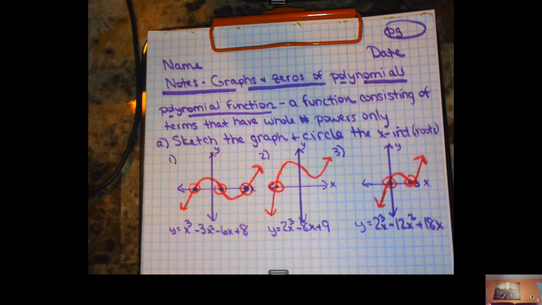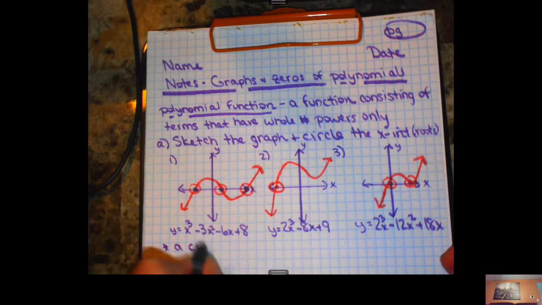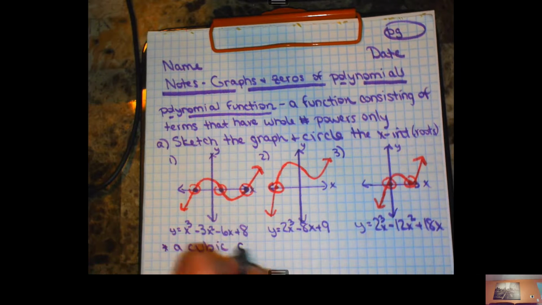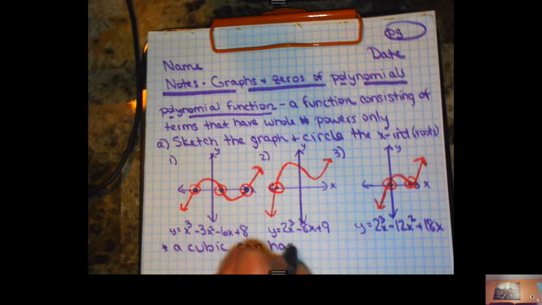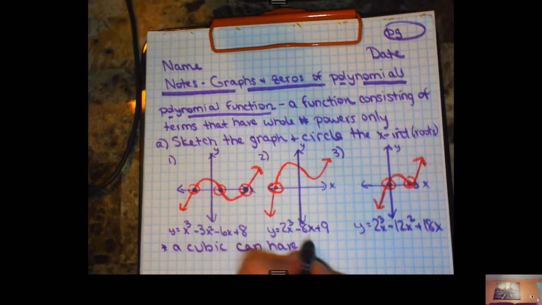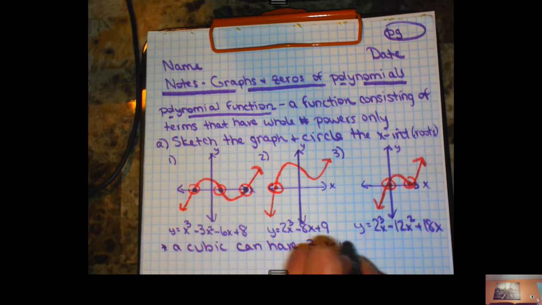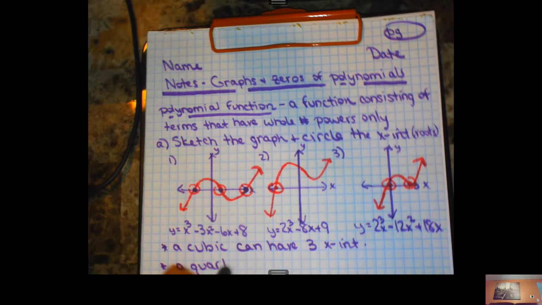So can you write for me underneath this: a cubic can have up to 3 x-intercepts. Underneath that, can you write: a quartic, that's a power of 4, can have up to 4 x-intercepts.